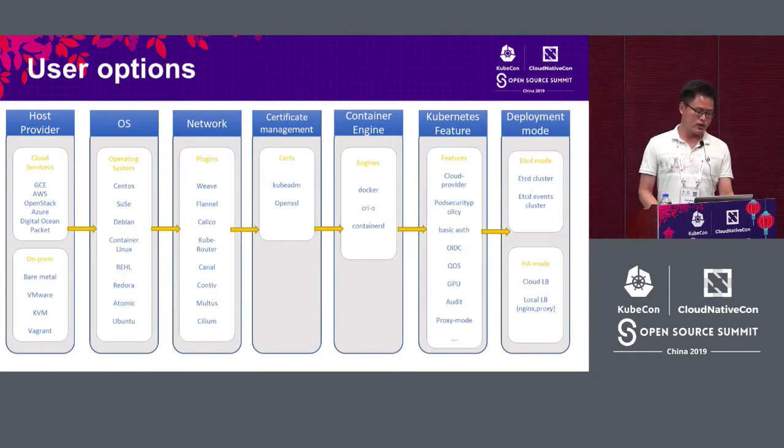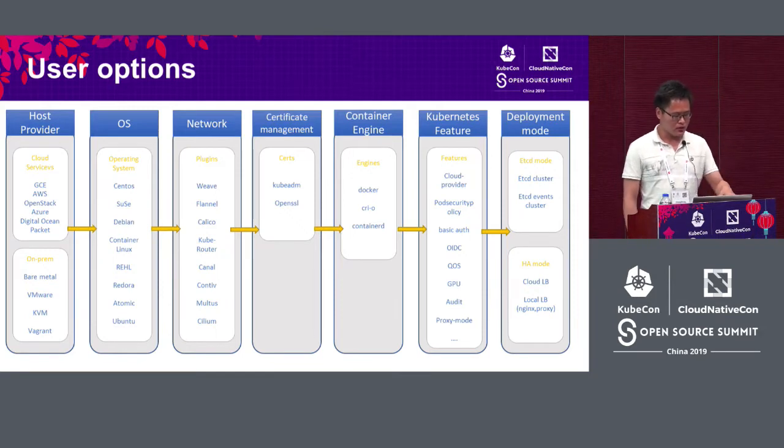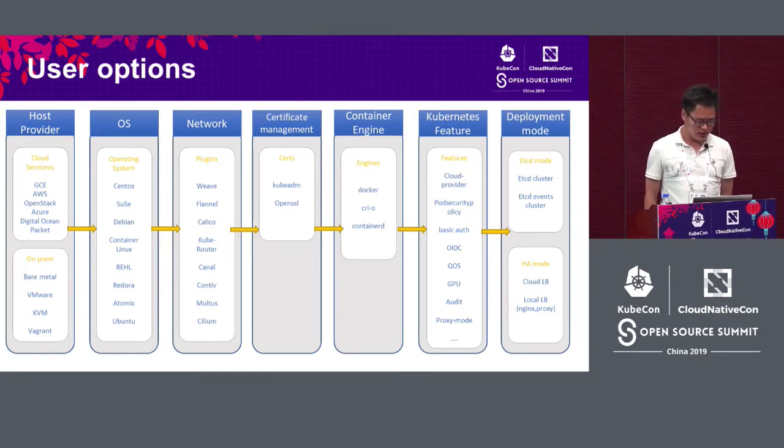Now let's look at the user options provided by Kubespray. Host provider, OS, network, certificate management, container engine, Kubernetes features, and deployment mode. Host provider, I will not go into details. OS, we have CentOS, SUSE, Debian, Container Linux, Red Hat, Fedora Atomic, Ubuntu.